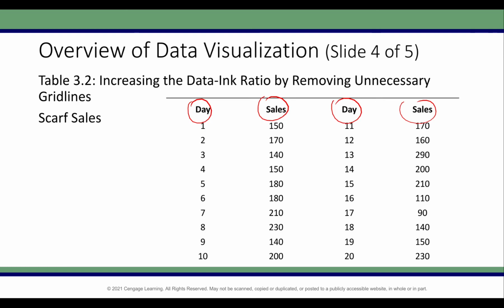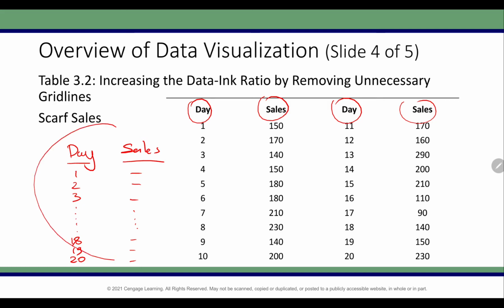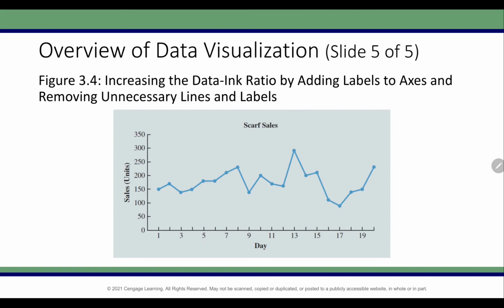So it's okay, but I would go with something like this. Honestly, I would go like day and then sales, and then maybe the first three values here, and then that, and then the last three values, something like this, and then corresponding sales values here. So this basically shows it in a very concise way. But again, of course, we can't see the values here. So if the purpose is really to see the values, then this is okay. Anyway, let's continue. So this is again an improvement on the figure that we just saw.